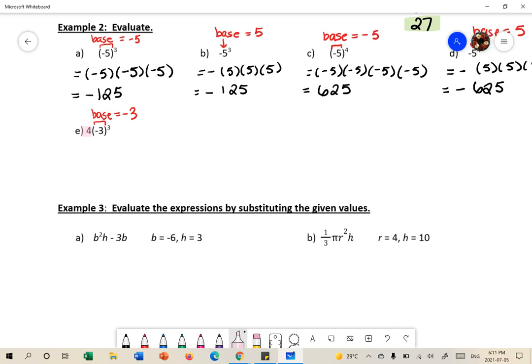The 4 is not inside the bracket, so it's not included in the base. So the next line would be 4 times the following BEDMAS. We need to simplify what's in the bracket first. -3 times -3 times -3 is -27. And now we can multiply -27 by our coefficient, which is -108.